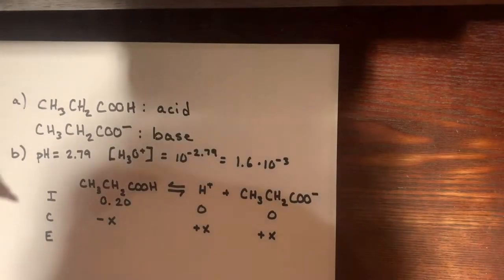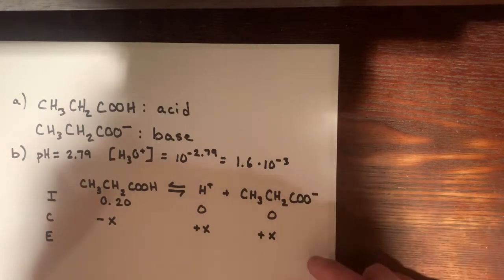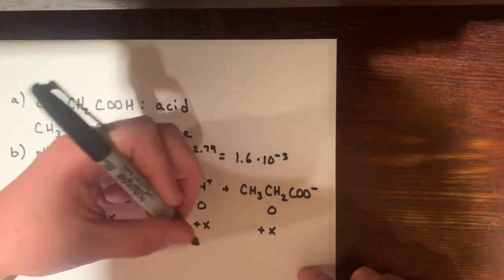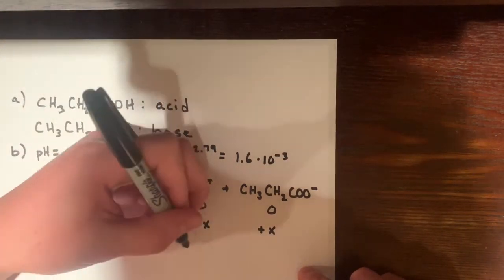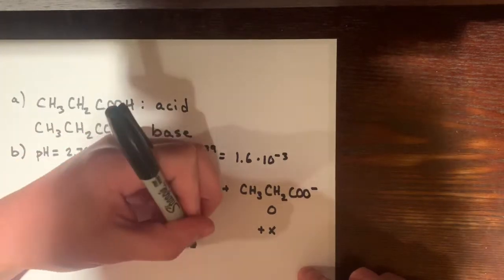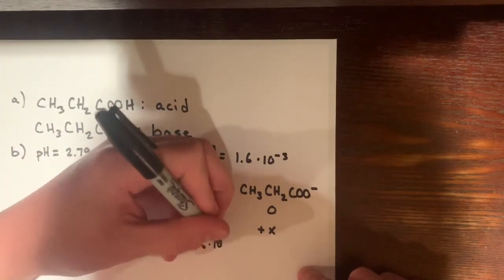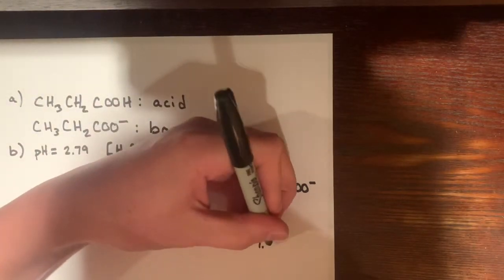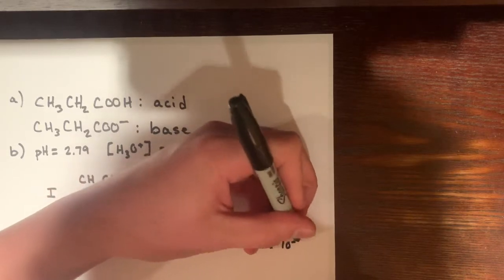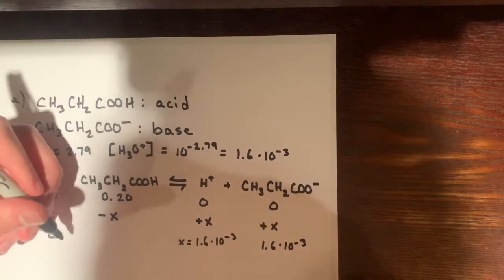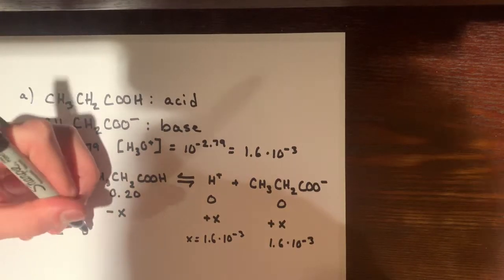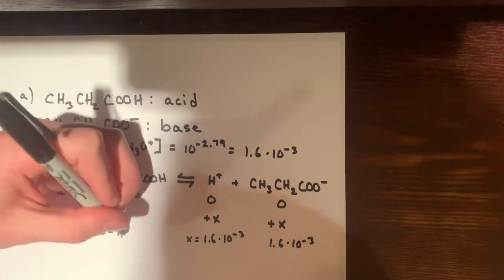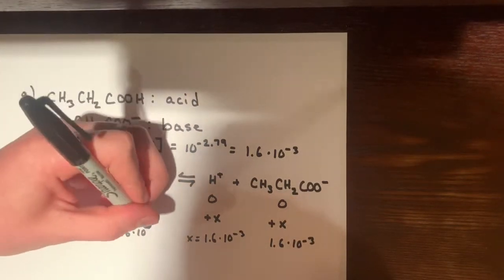All right, and then since we know what the concentration of the H plus is, we know that x equals 1.6 times 10 to the negative 3, and it also equals 1.6 times 10 to the negative 3. Over on this side, it would be 0.20 minus 1.6 times 10 to the negative 3.